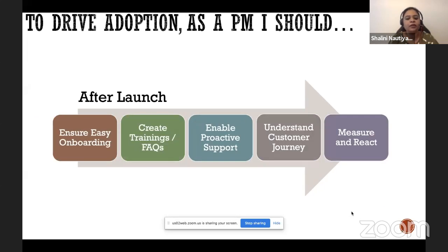And then there are a few things which I thought to bring your attention to after the launch, right? So ensuring easy onboarding for customers, defining a plan for onboarding, a criteria for defining how you select or shortlist customers or customer segments, creating trainings and FAQs which are easily available.